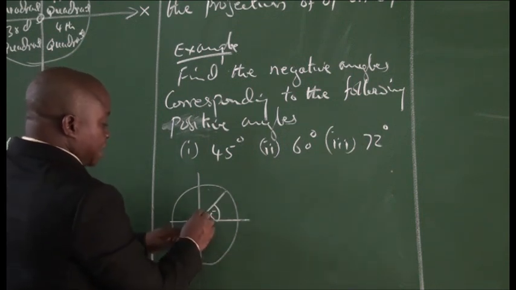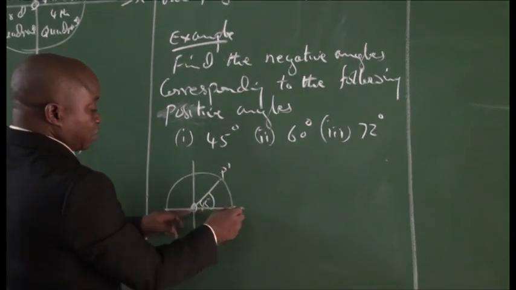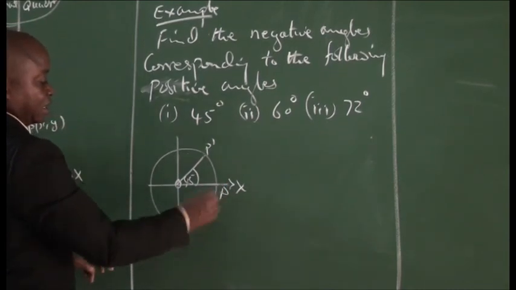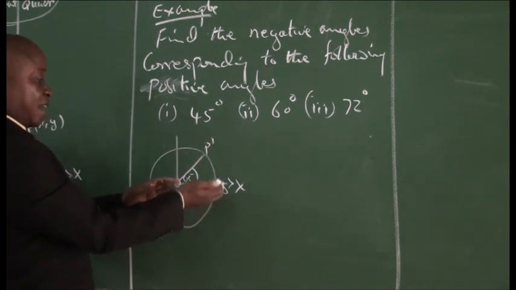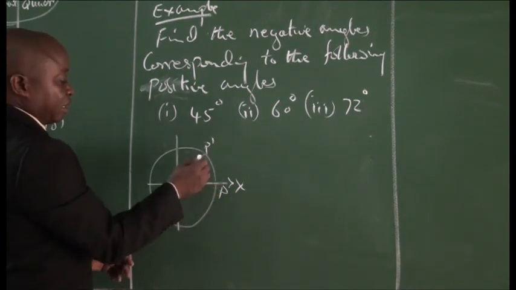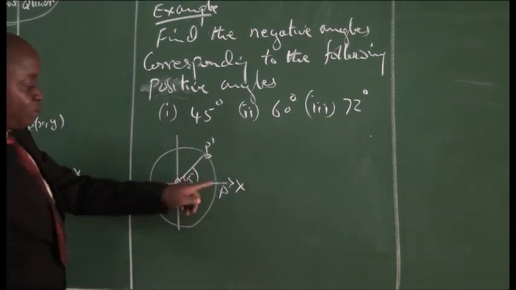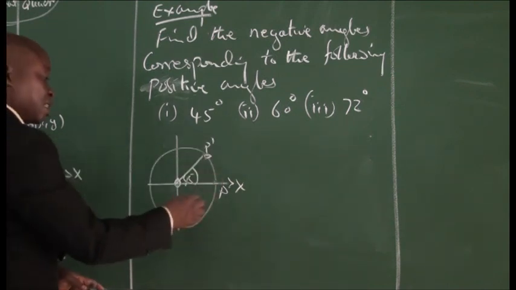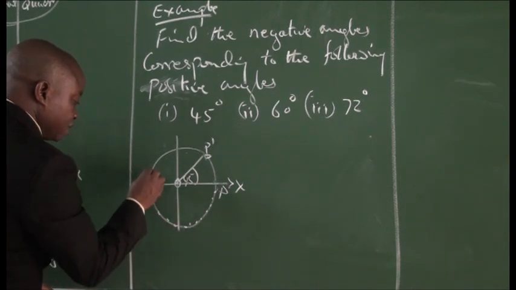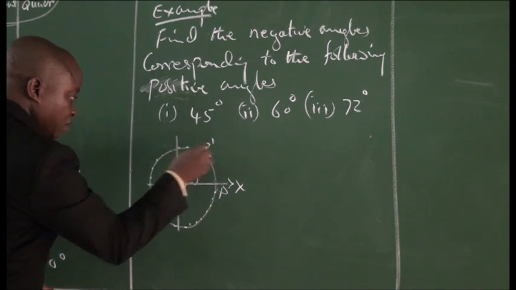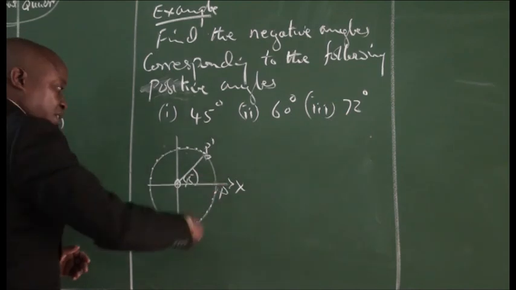When the line OP prime, which was OP here, moved to here anti-clockwise, it means that the movement on this side will be negative because it's moving clockwise.